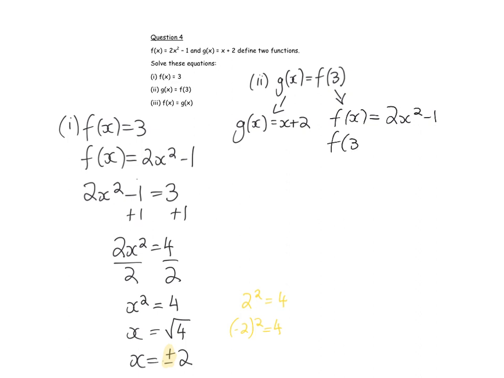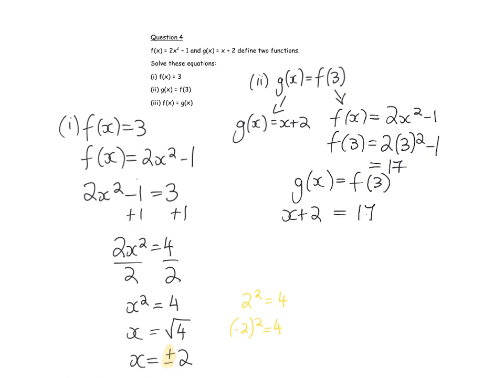So f of 3 then is going to be 2 times 3 squared minus 1, which gives us 17. So then what we have is g of x equal to f of 3. So g of x is x plus 2 is equal to 17. So minus 2 from both sides, we'll get that x is equal to 15. So that's part ii done.